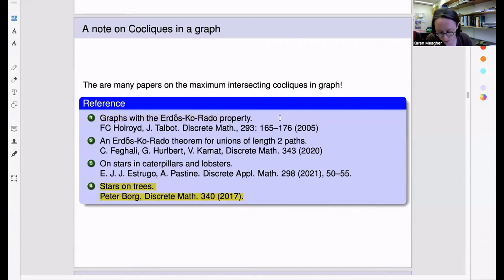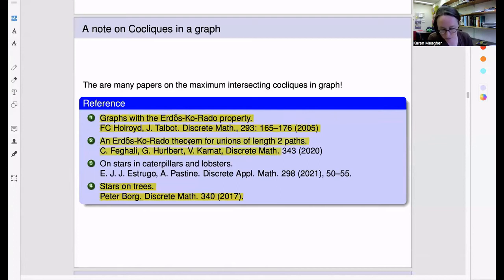This paper right here from 2005 is one of the earlier papers in this area, and they make a conjecture about the structure of the graph. There's some condition on the size of the maximal co-cliques; if they have the property, then they conjecture that the graph has the EKR property. And it's been open despite people working on it lots.